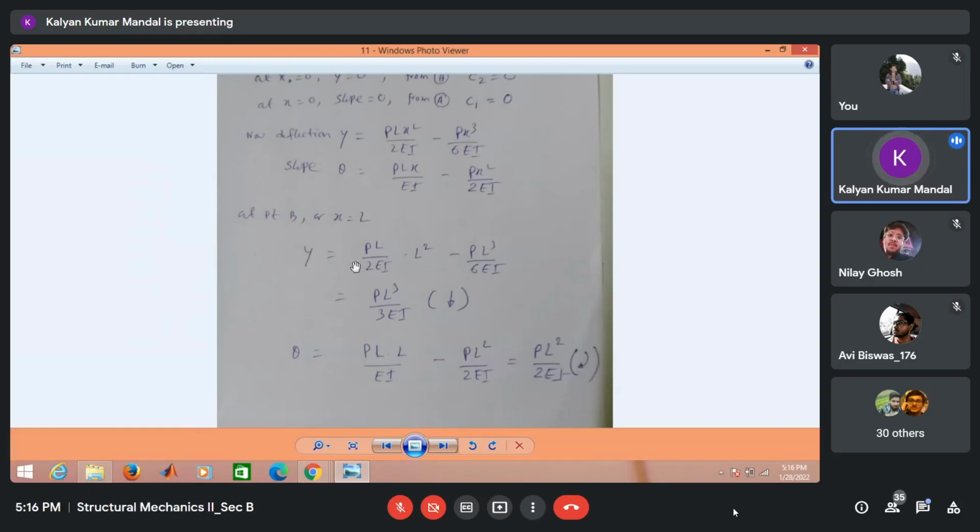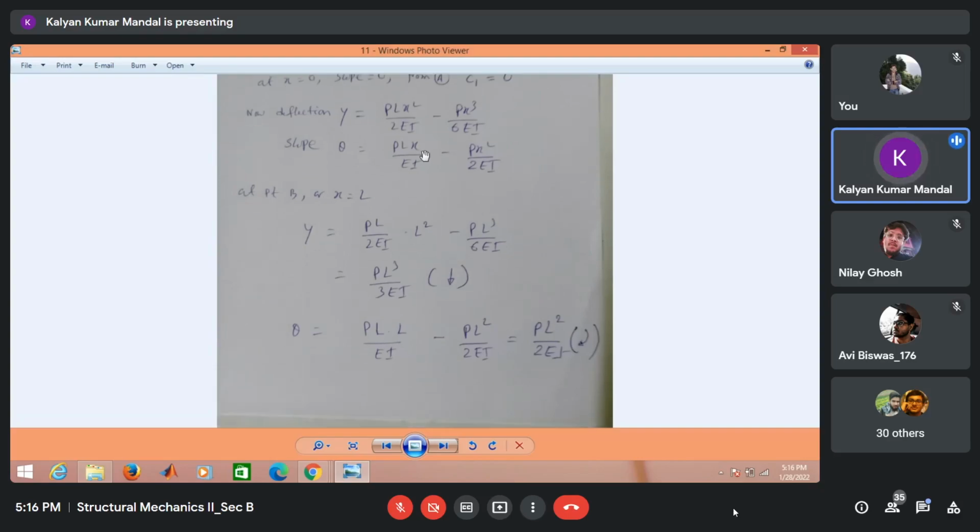Y is equal to PL divided by 2EI multiplied by L squared minus PL cubed divided by 6EI, or y is equal to PL cubed by 3EI. As it is positive, the direction will be vertically downward. Similarly, put x equal to L in the equation for the slope.